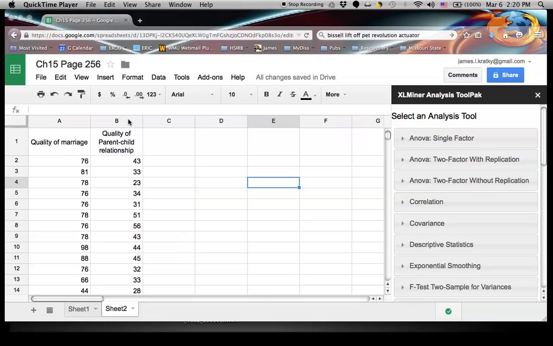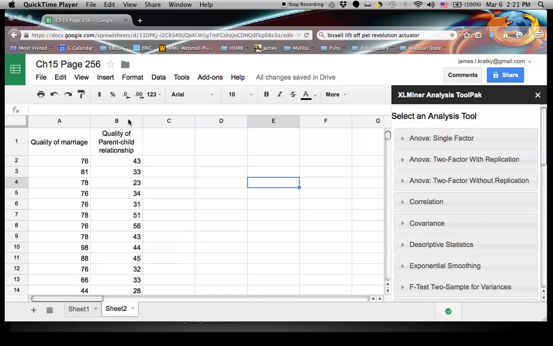Then all we have to do is determine the degrees of freedom, and then we can look up a chart to see if our correlation coefficient is statistically significant or not. So that's really the very shorthand version of this whole chapter.